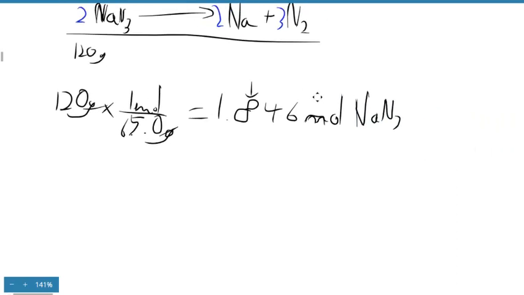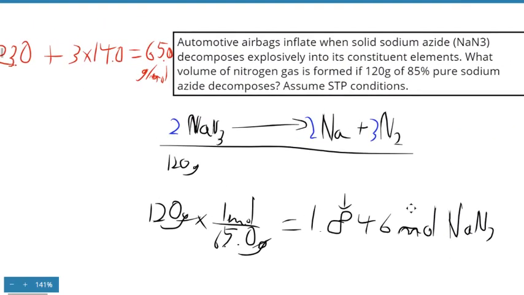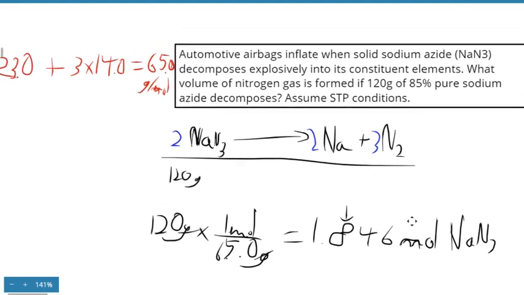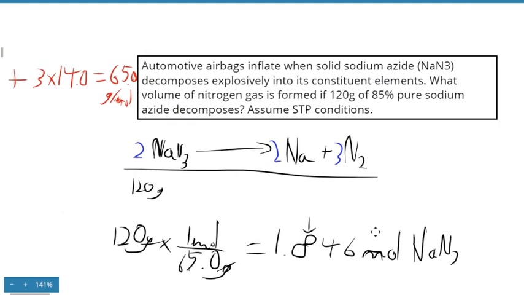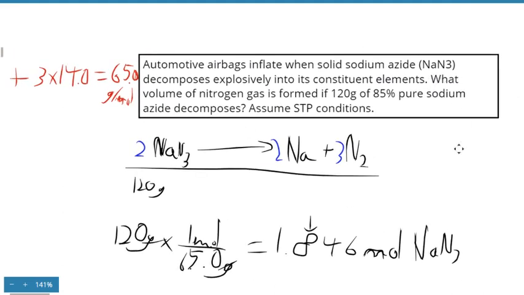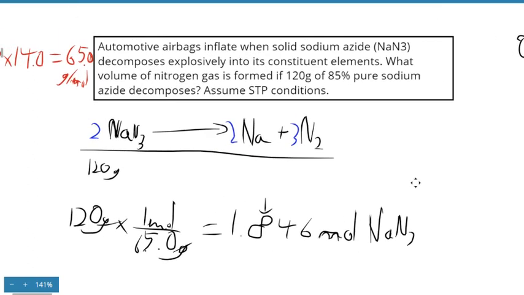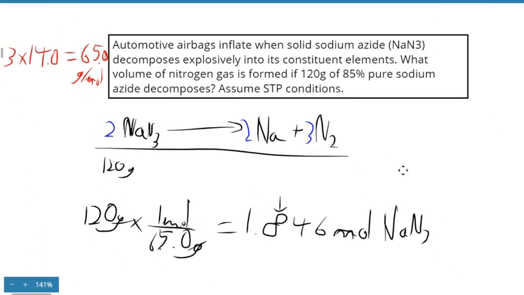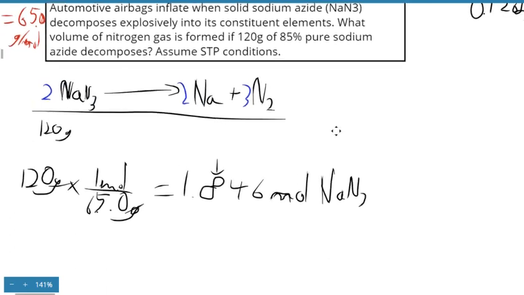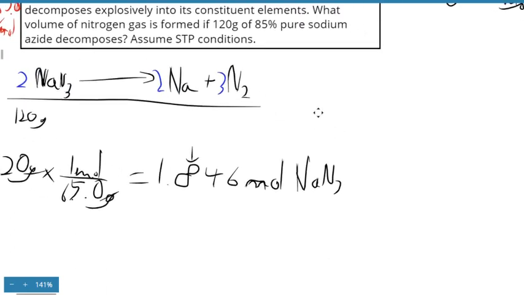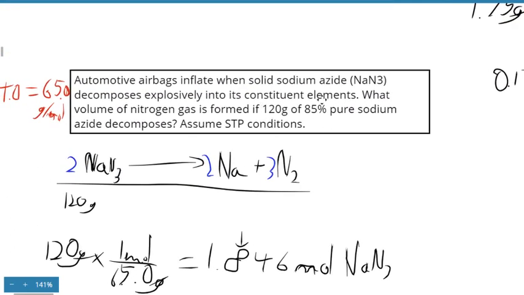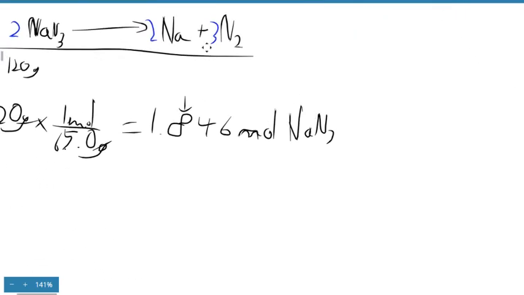So now that we have this, we're looking for the amount of N2 that is made. But first, before we find that, we need to notice that it's 85% pure sodium azide. So how do we do this?